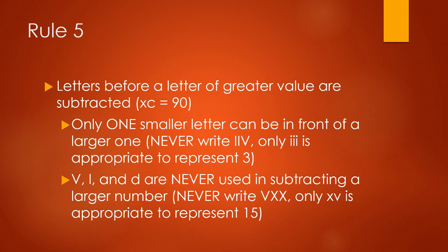Never write IIV; that can never represent 3. To represent 3, you want to use III. And the last bullet point: V, L, and D are never used to subtract from a larger number. So to represent the number 15, never write VXX. It can only be represented as XV.